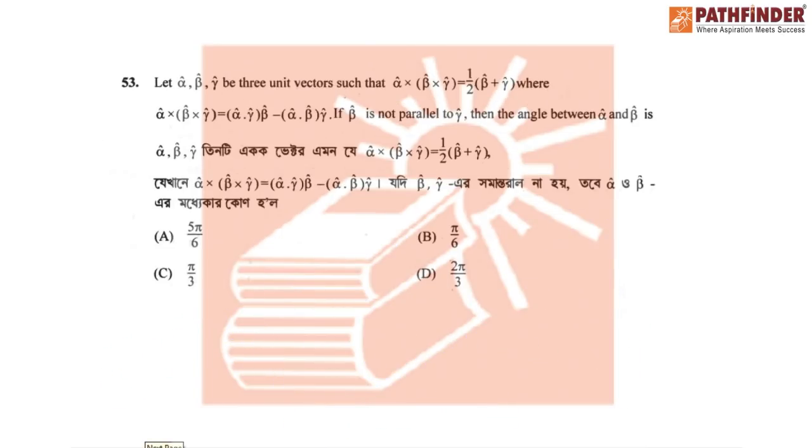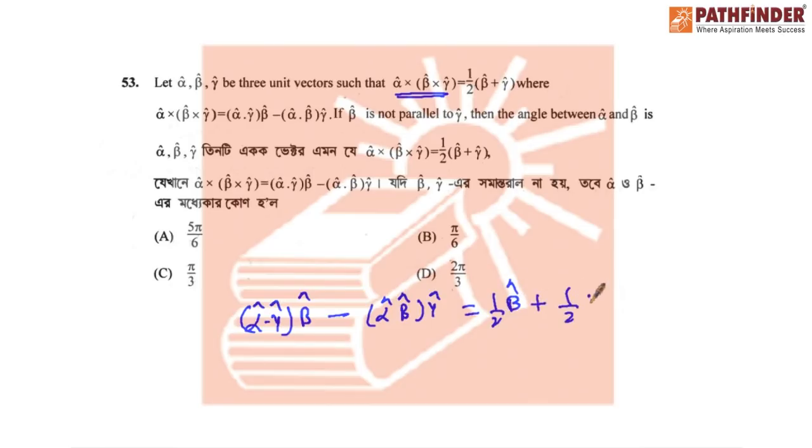Next, question number 53. Alpha, beta, gamma are 3 unit vectors, and this is the scalar vector triple product. So we'll get it as beta cap minus alpha cap, beta cap, gamma cap, and this is given to us as 1 by 2 beta cap plus 1 by 2 gamma cap.